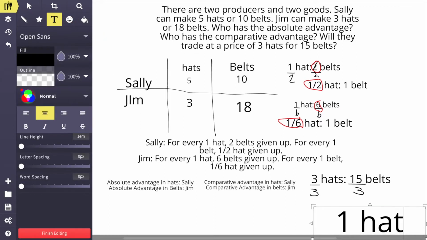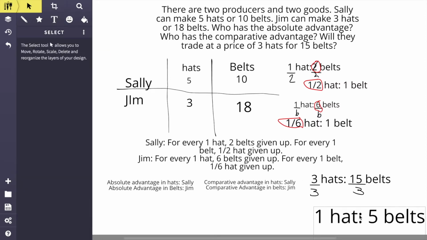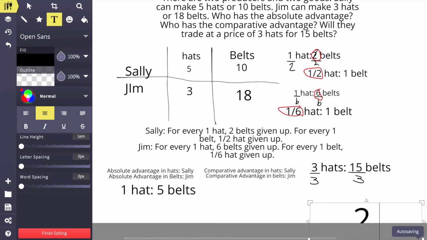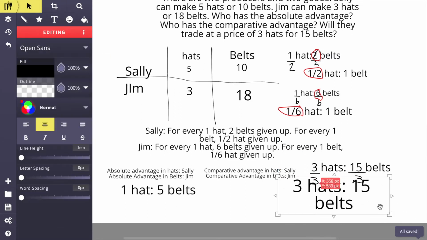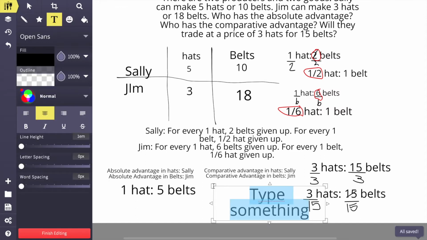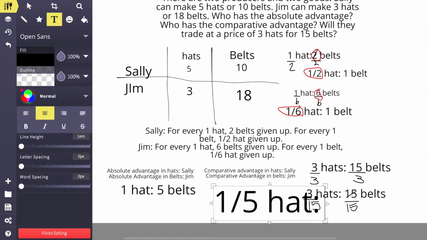So in order to produce 1 hat, you would be giving up 5 belts. Some people might be able to do this in their head, but I strongly suggest just writing it all out. That way you don't get confused, especially if you're someone who doesn't love math. So in other words, to produce 1 belt, you would be giving up 1/5 of a hat.